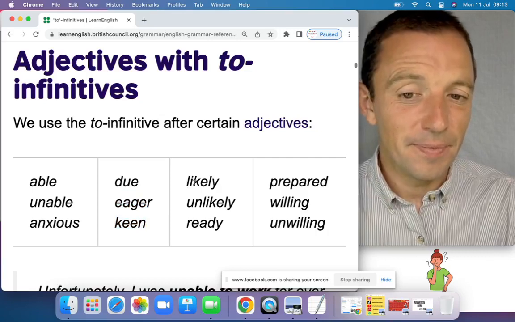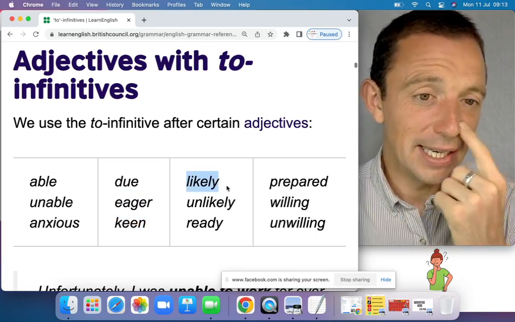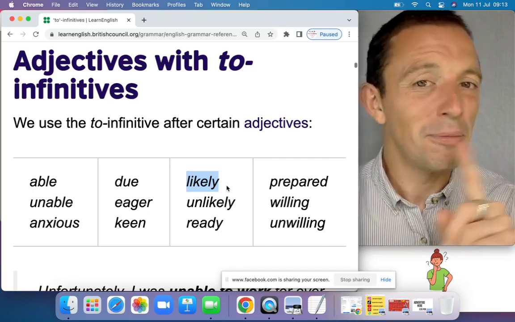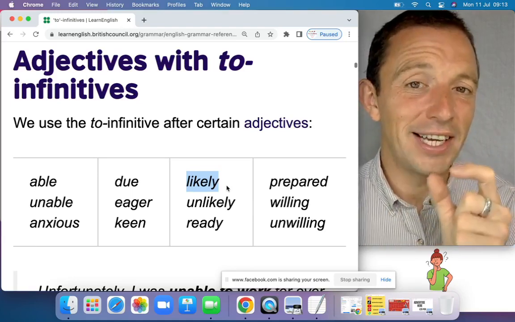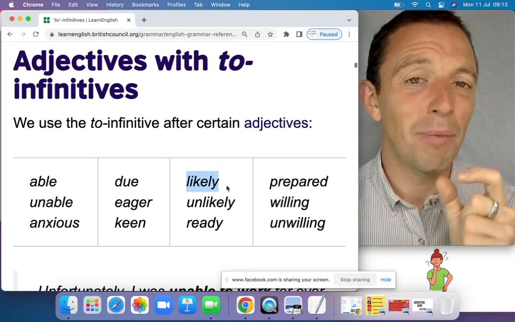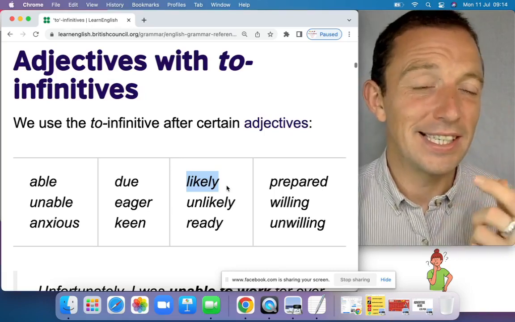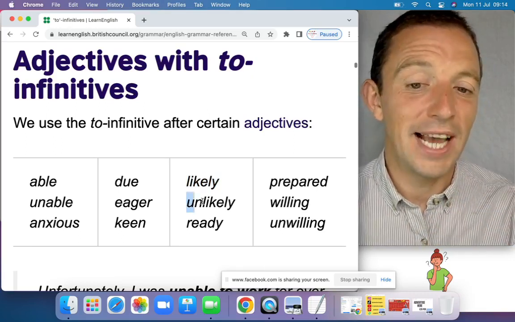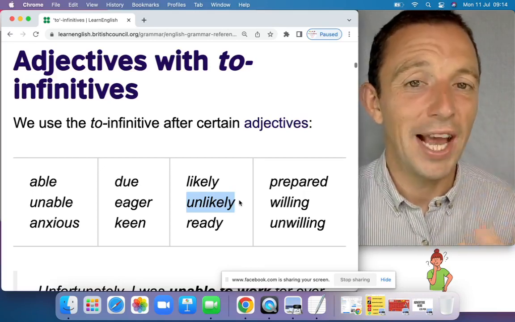Likely is very important, and likely has the significance probable, not probably, probable. So it's an adjective. It is likely to rain today. It is probable to rain today. Okay, so probable is the significance of likely. In the negative, we say the adjective unlikely plus the infinitive. It is unlikely to rain today.